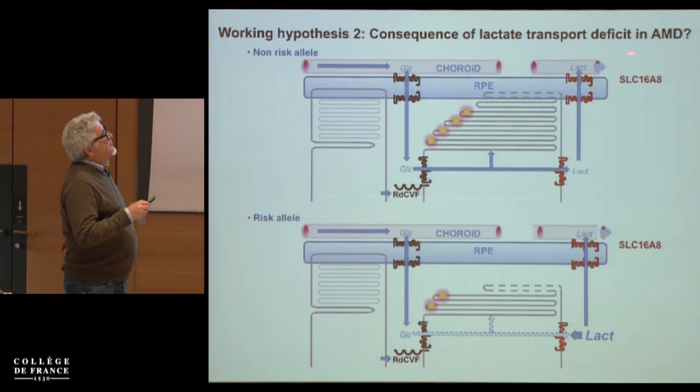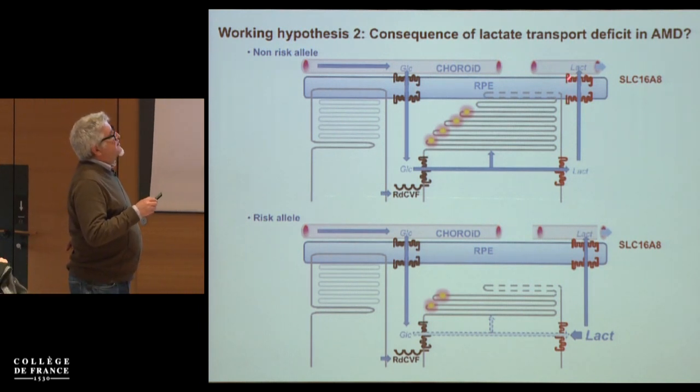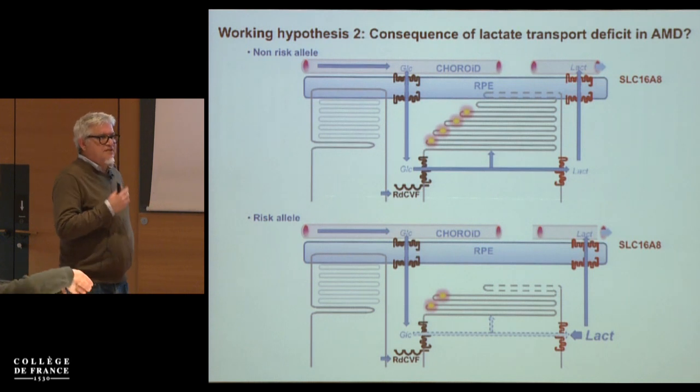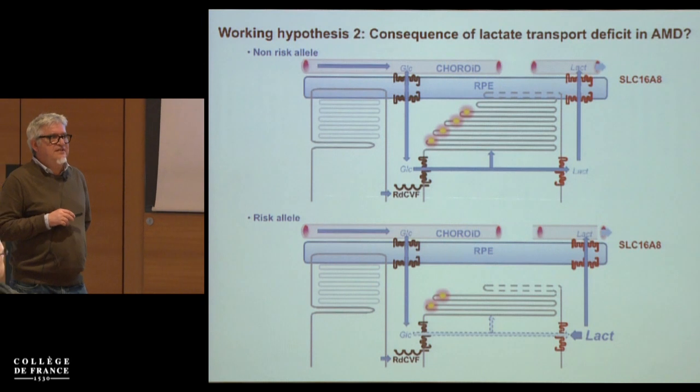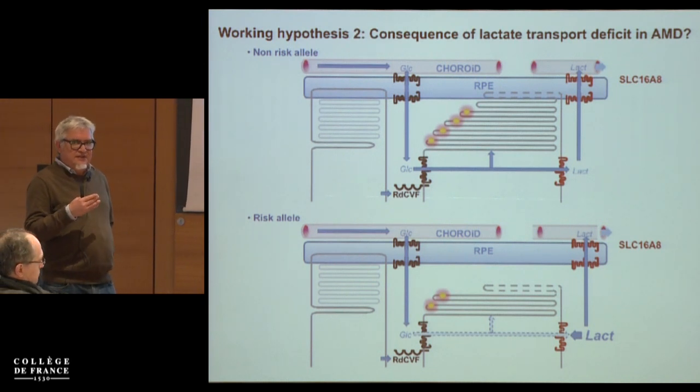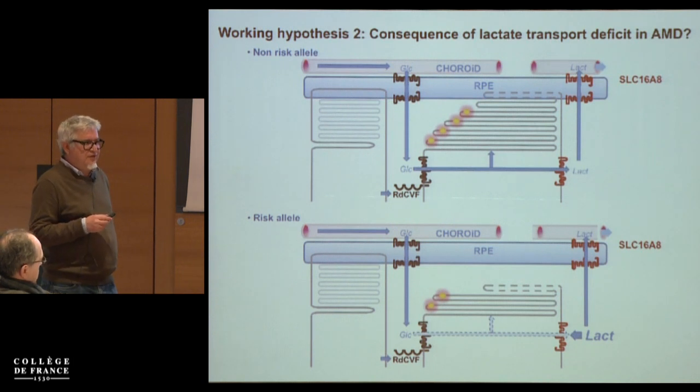So for example, if you knock out this gene in the mouse, basically what happens is that the retina will get acidified and the photoreceptor will not function anymore.